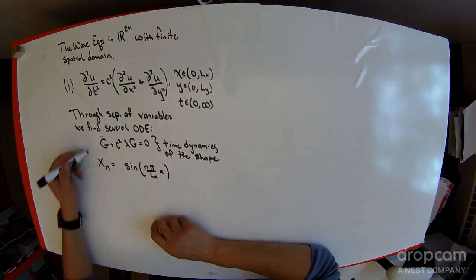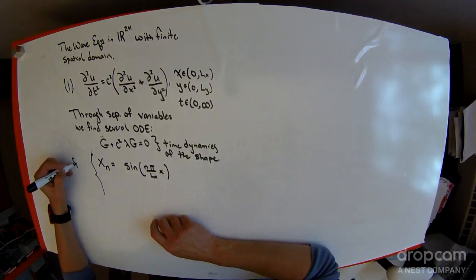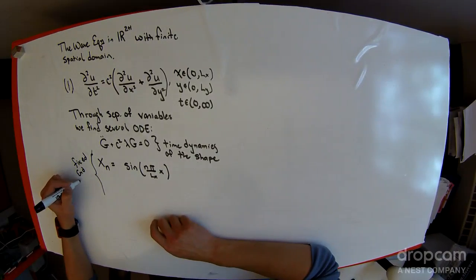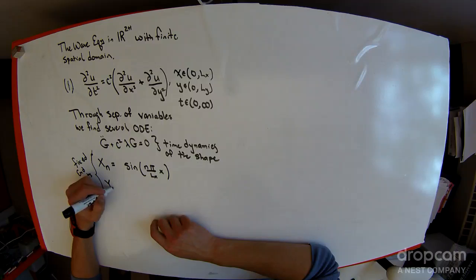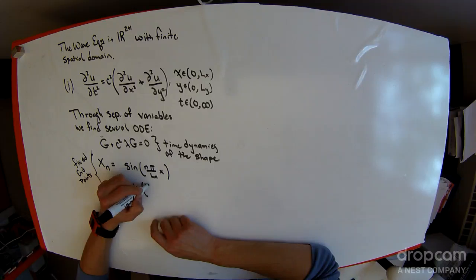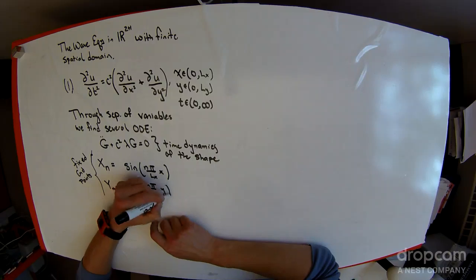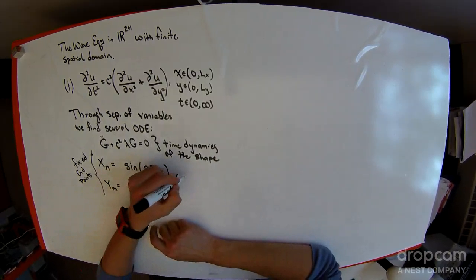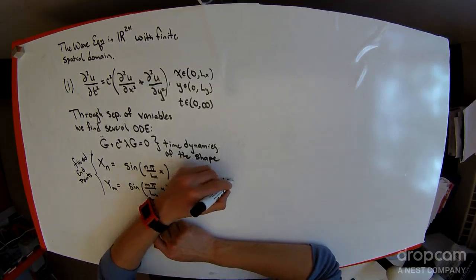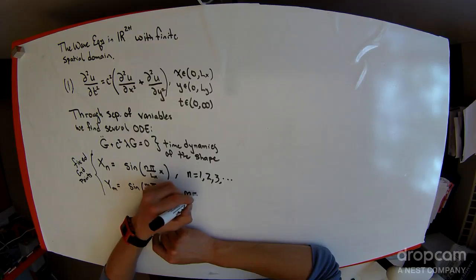Right, and this would be the case for fixed endpoints. And then you find capital Y of m is equal to the sine of m pi over L sub y times y, where n goes from 1 to 2 to 3 all the way out to infinity, and so does m.